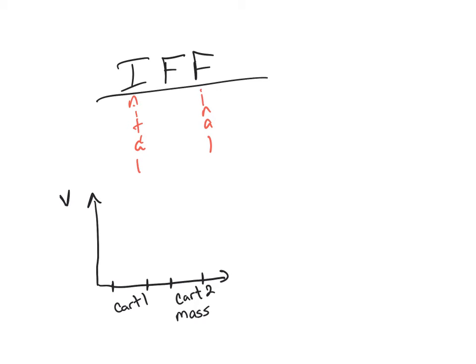So our initial scenario, our initial system, our first cart has some velocity. So we're going to draw our bar up to that velocity.